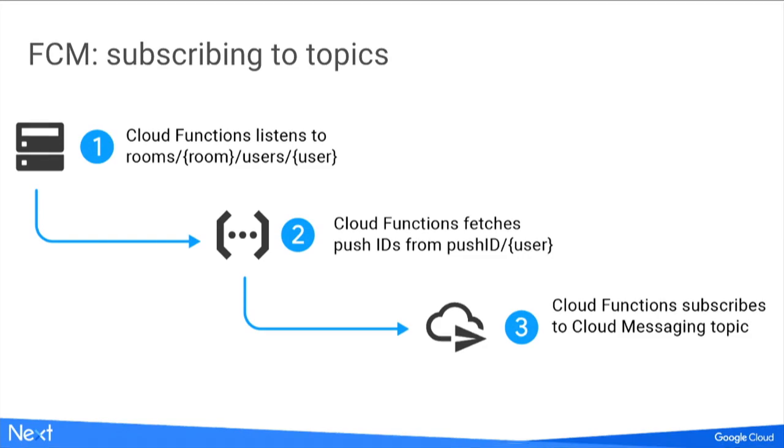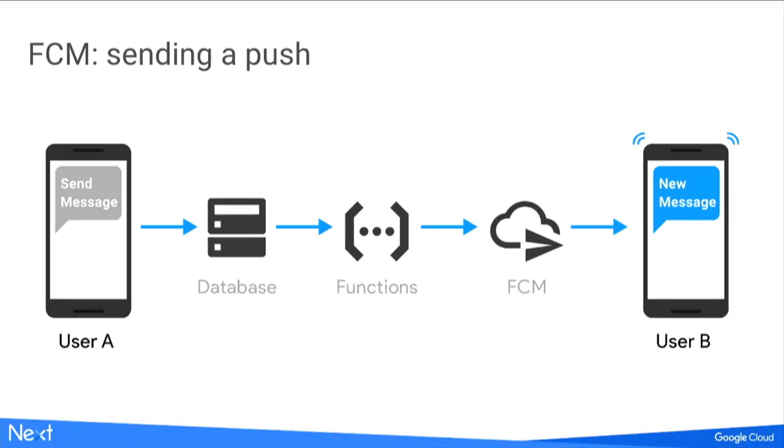Whenever we notice that a user has joined or left a room, we're going to subscribe or unsubscribe from an FCM topic, respectively. This will dramatically simplify our push code, because now we can just scan messages. If they contain an @mention, we can send a push notification based on a topic corresponding to the target room.